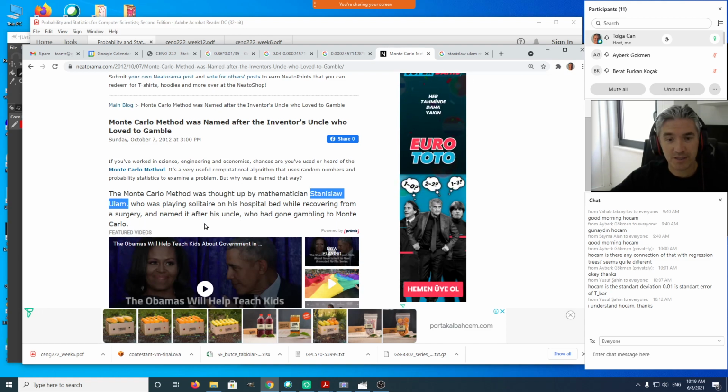The Monte Carlo casino is in Monaco. If you're a follower of Formula One, you would know that there is an underpass that goes under the Monte Carlo casino on the track. So that's a casino in Monte Carlo.